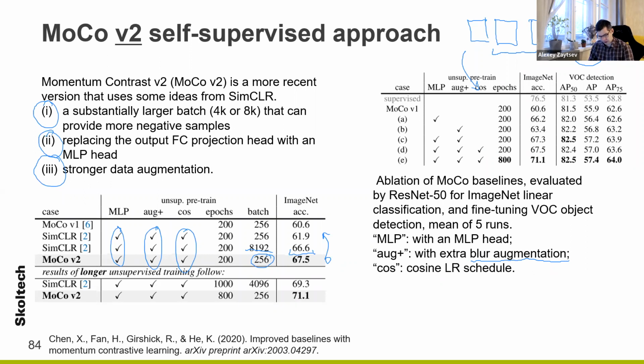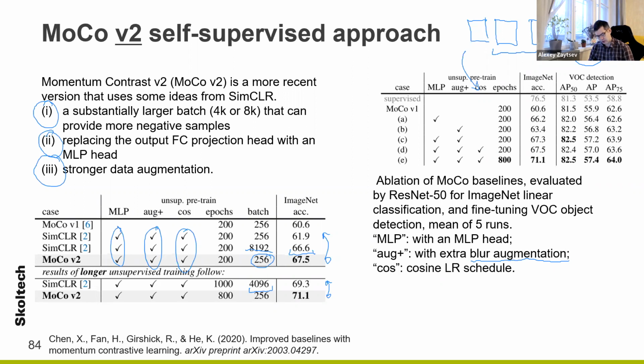It's strange that the authors use different batch sizes, but maybe they didn't have time to train SimCLR for 1000 epochs with these large batches, because it's like a multiplication of 2 for training time. And I think it was already large enough here. But what we can see is there's some gap between accuracy for MOCO version 2 and SimCLR here.